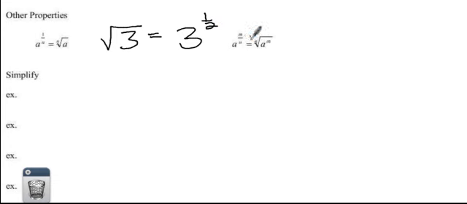If you raise something to a fractional power, up until now we've never really known what that meant, but if I want to raise 4 to the 3/5 power, this second property, which is a little hard to see, basically says that the number in the denominator becomes the root you're going to.